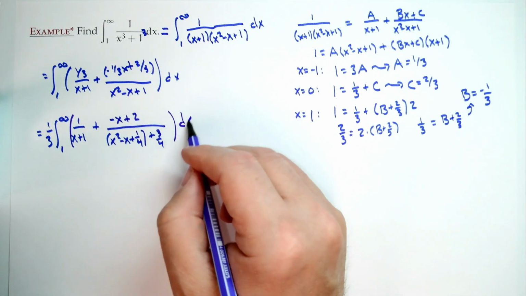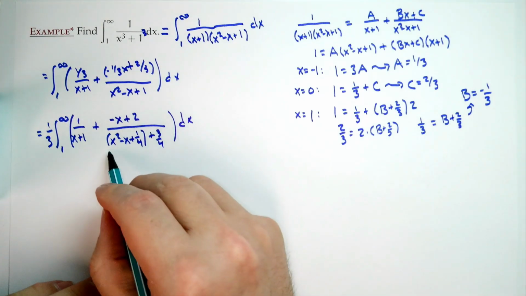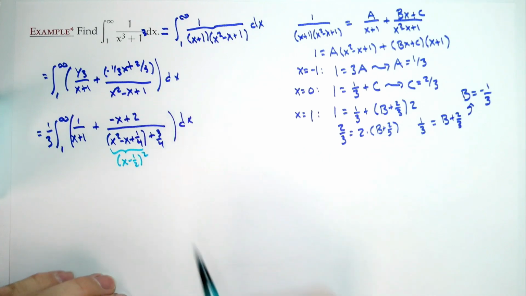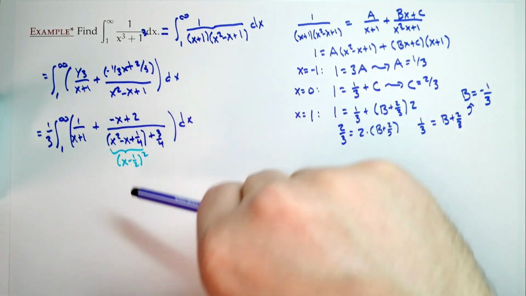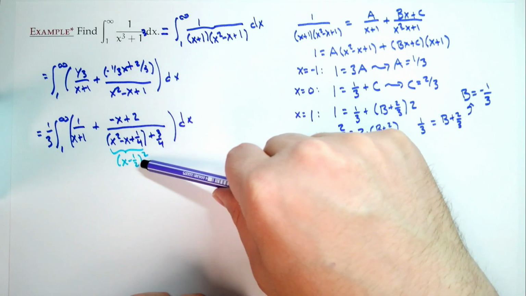Okay, so let's note for a second, this is now a nice, perfect x minus 1/2 quantity squared. Now why do I mention that? Well, I want to make the upstairs look like things in terms of x minus a half.